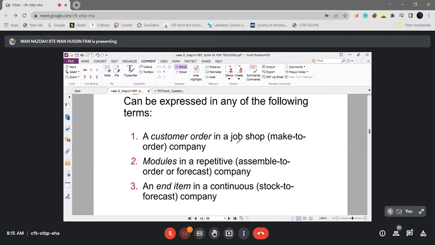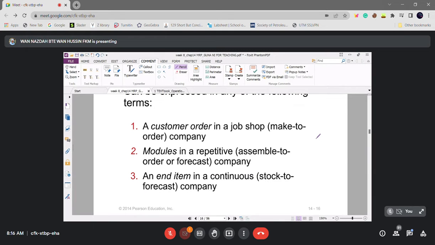You receive an order from customer A, who requires you to produce A type of product, and you create the master production schedule based on customer A. Then you receive orders from customers B, C, and D, and you need to create the master production schedule based on customers B, C, and so on. That is called the job shop type of production.